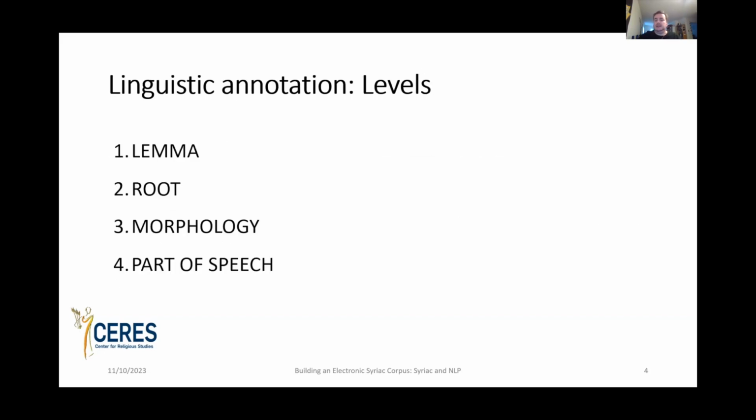The linguistic annotation that we're eyeing, at least in this first part, consists of four levels: the level of lemma, the level of root, which are crucial and essential for improving the search capabilities of Simtho, and then, of course, morphology and part of speech.